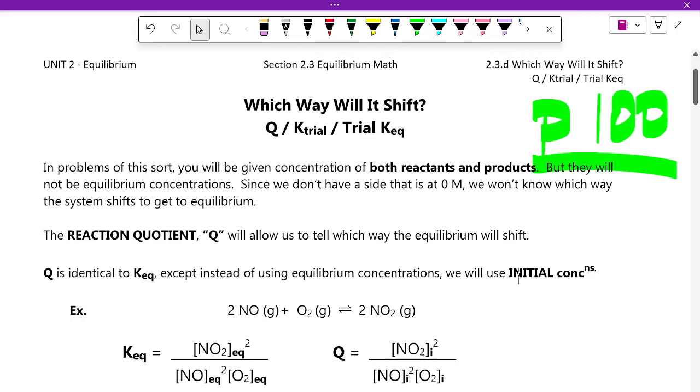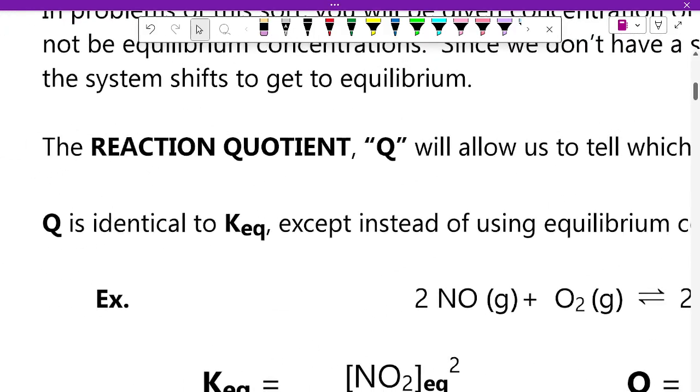You're going to be given some concentrations. If you're given just reactants, obviously it has to shift to the products. If you're given just products, it has to shift to the reactants. But if I give you some products and some reactants, it could shift one way or the other, and you need to be able to figure that out. What we use for that is the reaction quotient. This is on page 100.